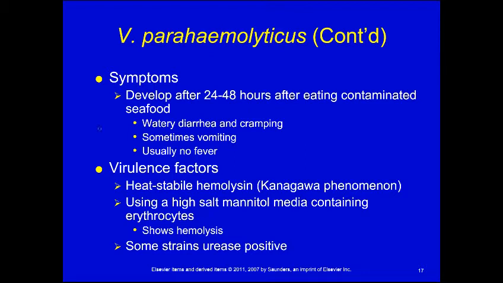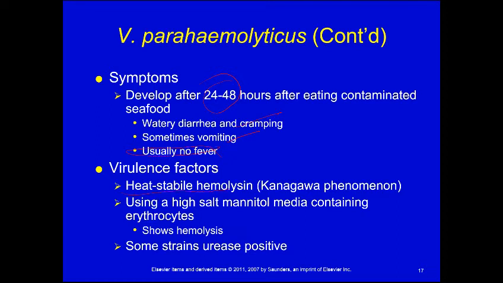Okay? Symptoms. The symptoms will develop after 24 to 48 hours of eating. So, 1 to 2 days after eating contaminated food, you will experience watery diarrhea and cramping of the stomach, sometimes vomiting, but there's no fever. So, what are the virulence factors of your V. parahemolyticus?